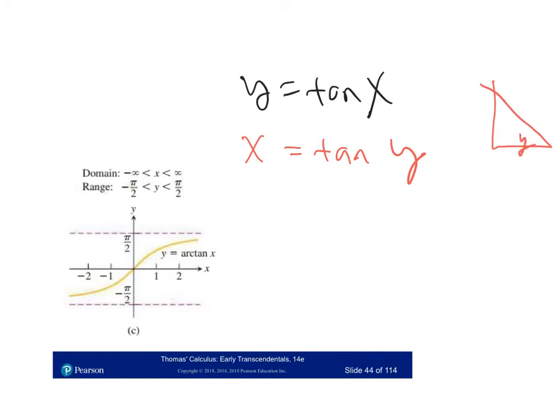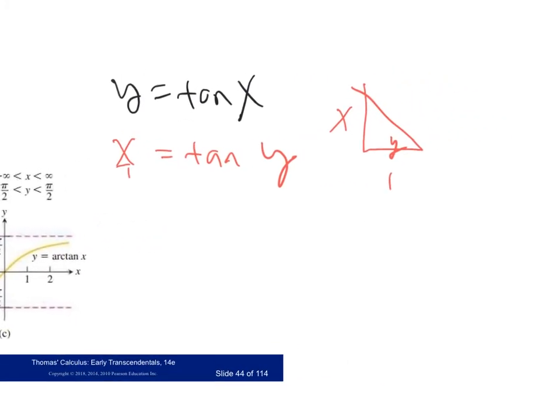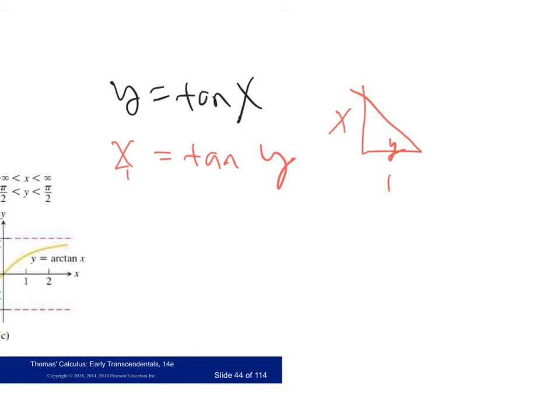Angle y is right here, opposite over adjacent, x over 1. Now what does my hypotenuse become? A squared plus b squared has to be c squared. So this has to be x squared plus 1 squared.